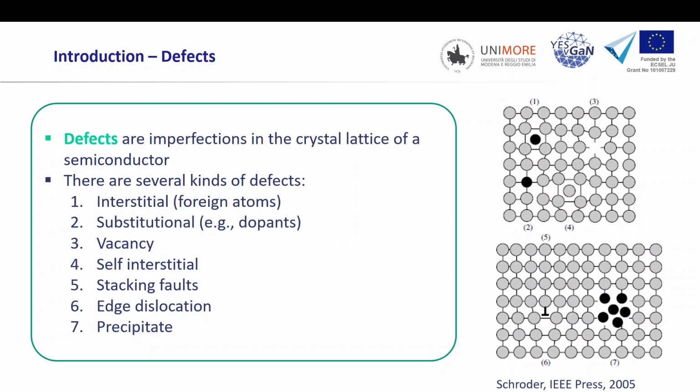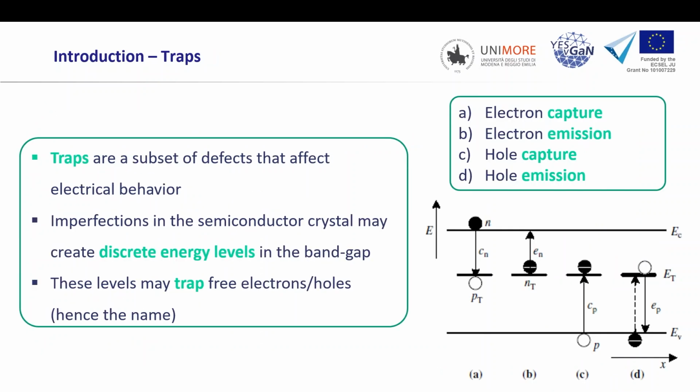Of course, there are many different types, and I am just summarizing them here. So I will just then move to what I'm more interested in, which are traps, which are a sort of subset of the defects that influence the electrical behavior.